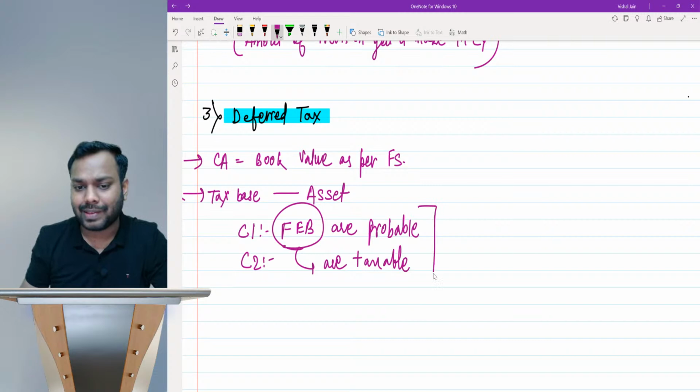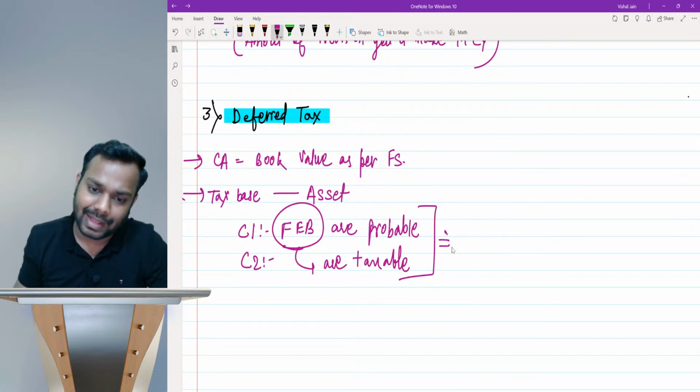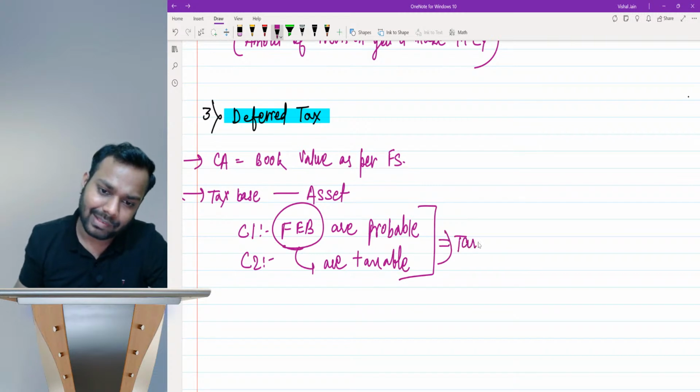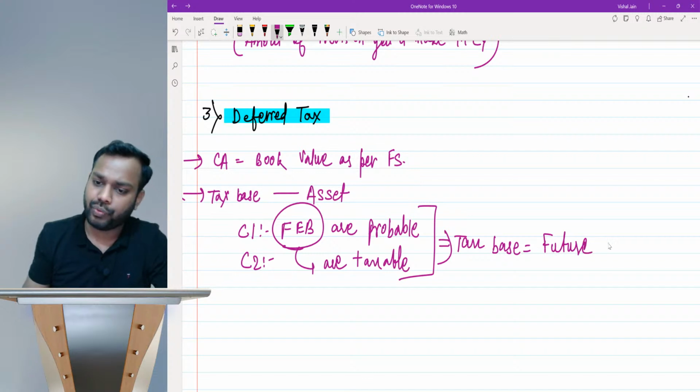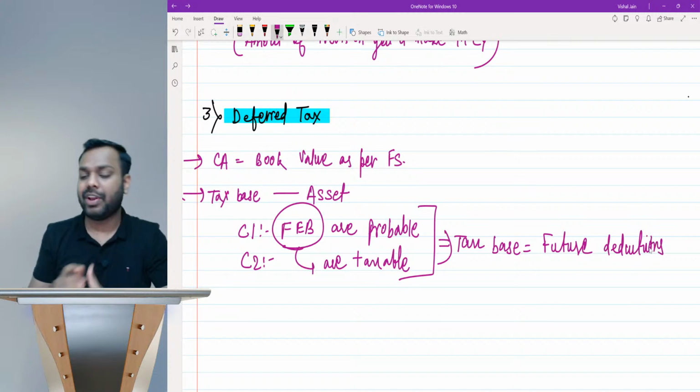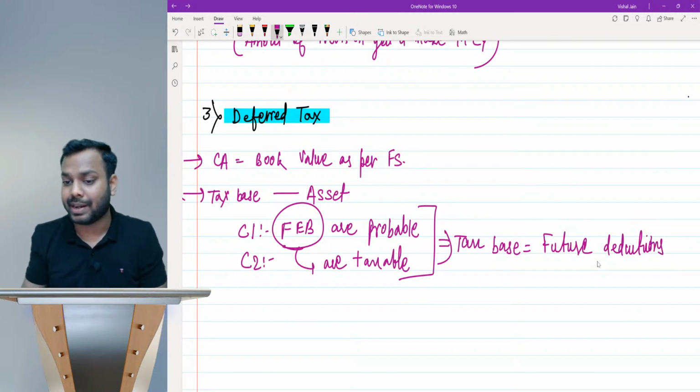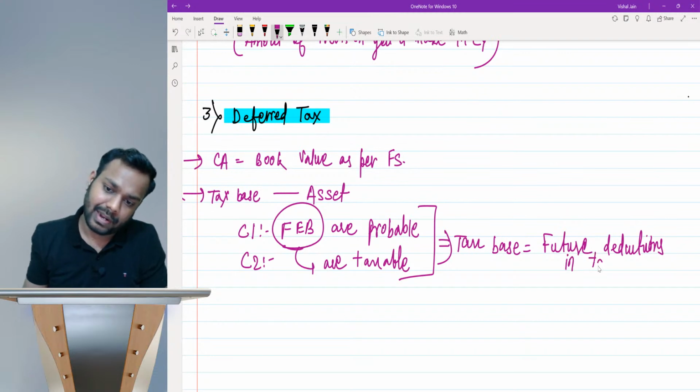If these two conditions are satisfied, then the tax base of an asset is equal to future deductions available from the asset in the tax books.